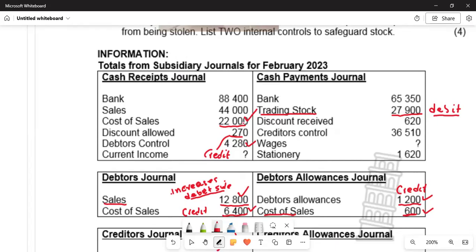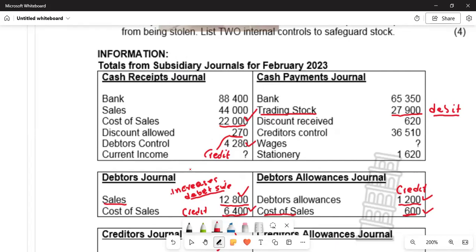That is why it goes on the credit side. That is stock sold for cash, so it's going to leave the business. Hope it makes sense to you.